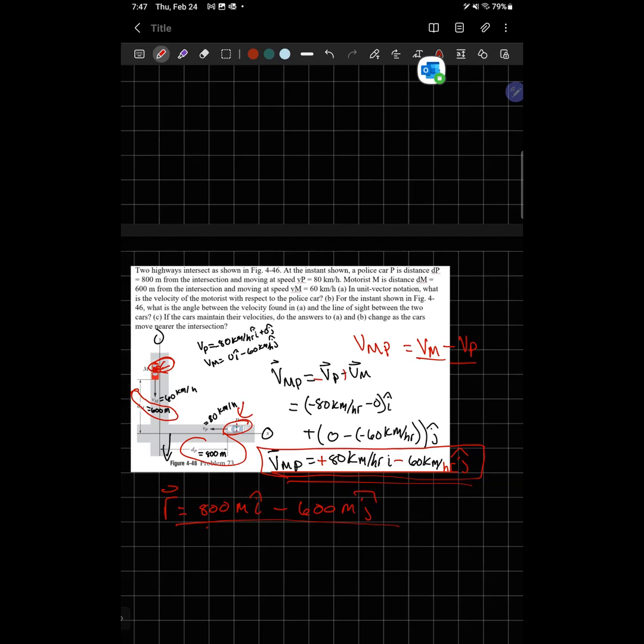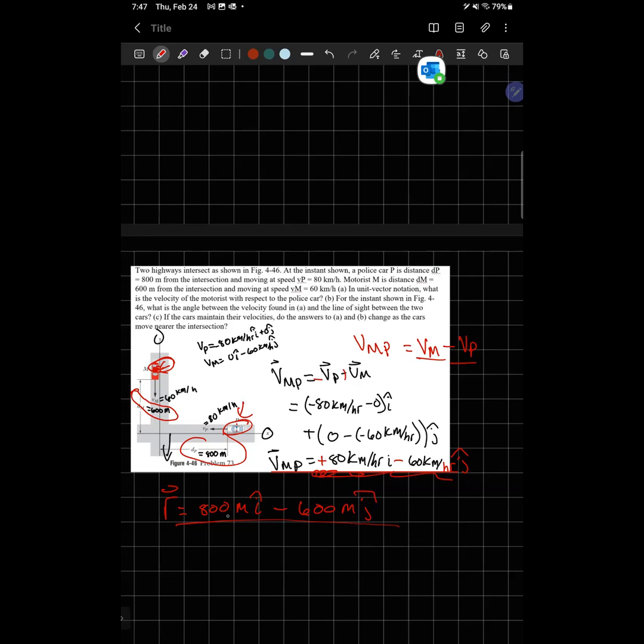Would I say southeast? Yes. So you can say southeast. It's going in the positive X and the negative Y. What direction is this one going in? The same direction.